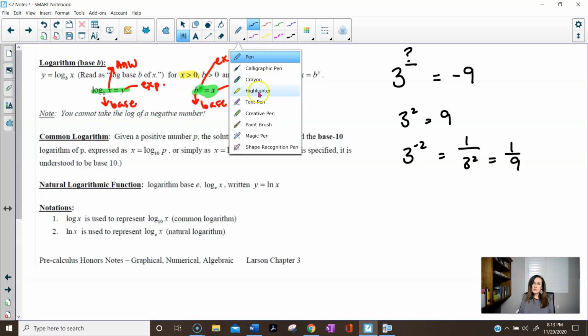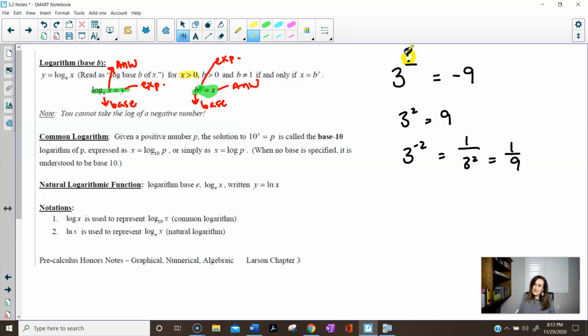So it's virtually impossible to find a number that gives a negative answer. Because of that, x has to be greater than 0. Your base also has to be greater than 0 and can't be equal to 1. This is true if and only if x is equal to b raised to the y, which is the exponential form.